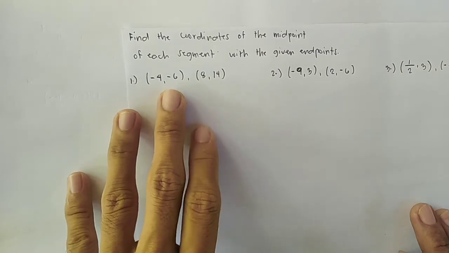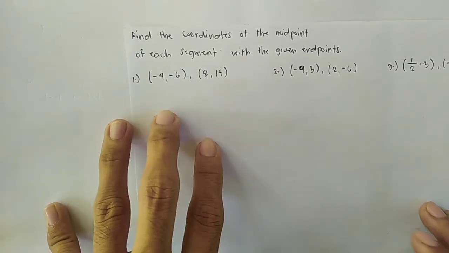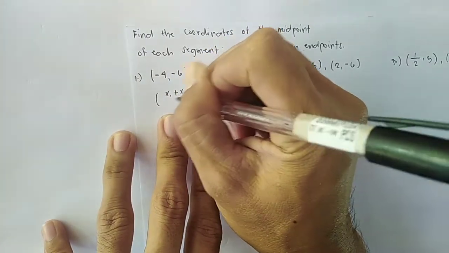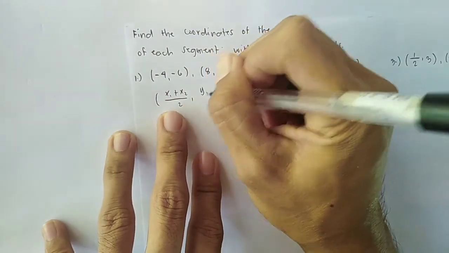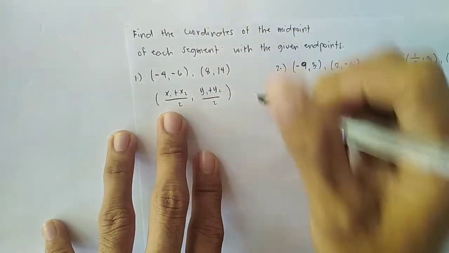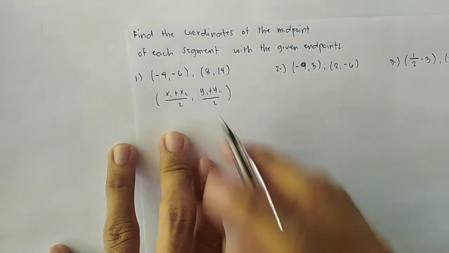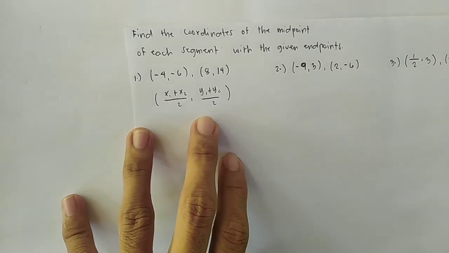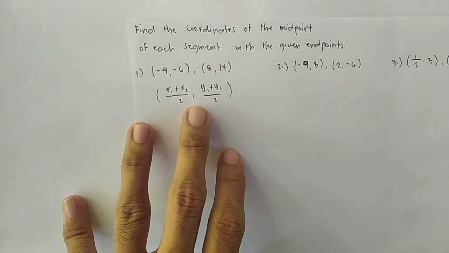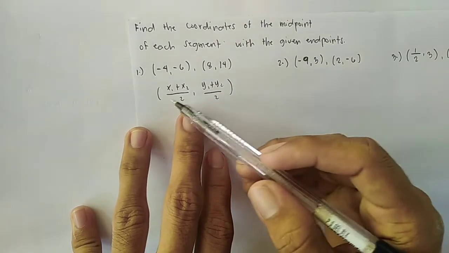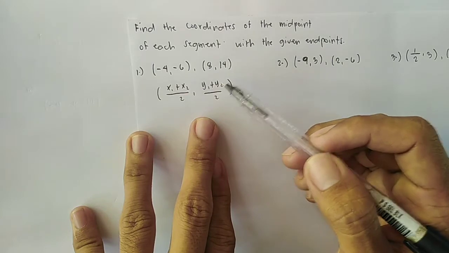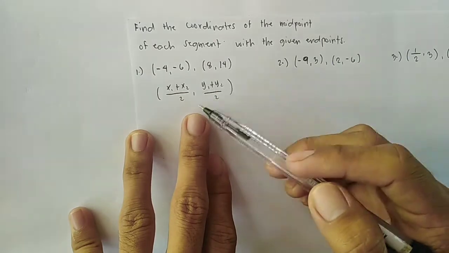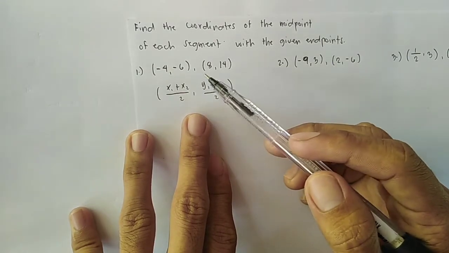As a recall, the formula for the midpoint is x sub 1 plus x sub 2 over 2, comma, y sub 1 plus y sub 2 over 2. Kindly take note of this. This is the formula for finding the midpoint of a line segment whose endpoints are given.